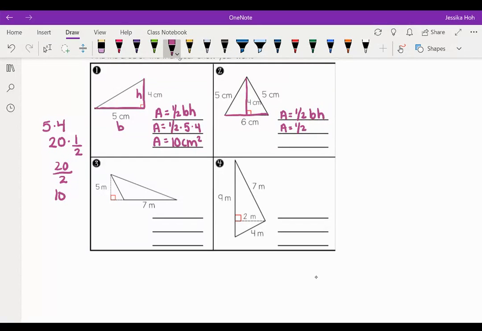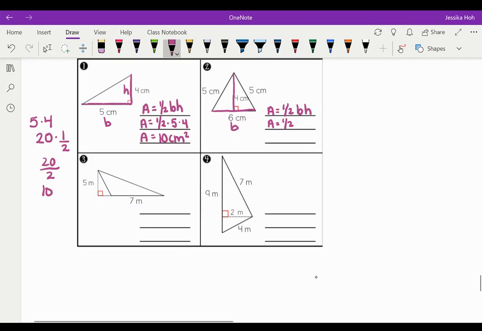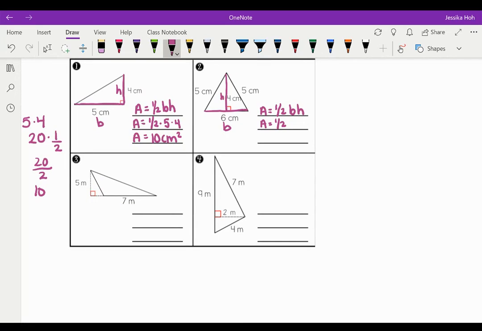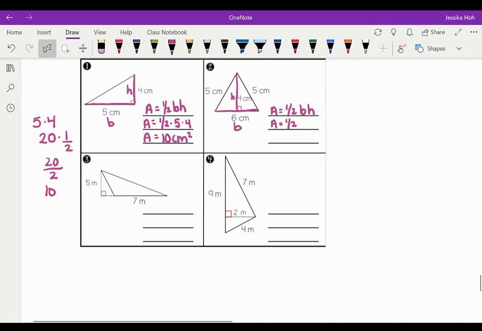So my base is on the bottom, my height is in the middle. So my base is 6 times 4. So 6 times 4 is 24. Times it by 1/2, and that gives me 12. Area equals 12 centimeters squared.